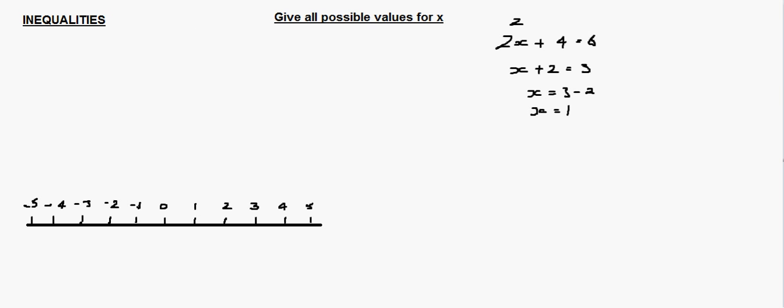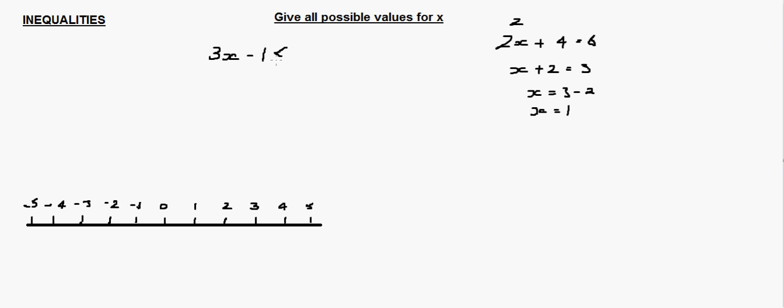So let's say we have 3x minus 1. Okay, it won't always be -1, I'm just using this because it's nice and simple.